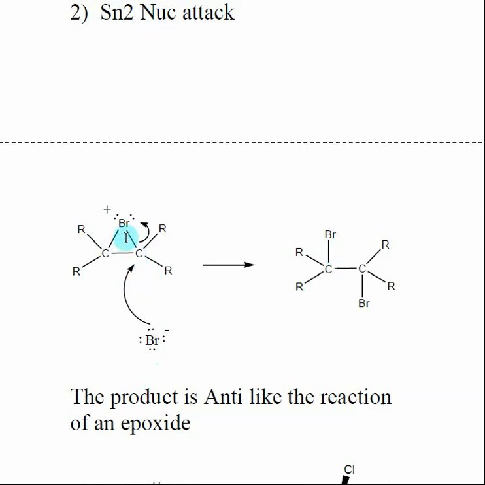You can see this leaves a very distinctive positioning between the bromines. Remember, this comes from backside attack because it's an SN2 reaction. This bromine is going to attack from underneath, and it's going to push the bromine on top. So these two bromines are going to be positioned on opposite sides of our molecule. We call this positioning anti.